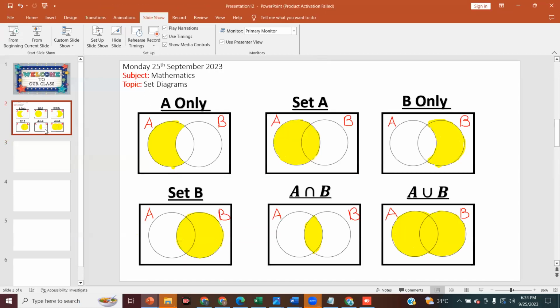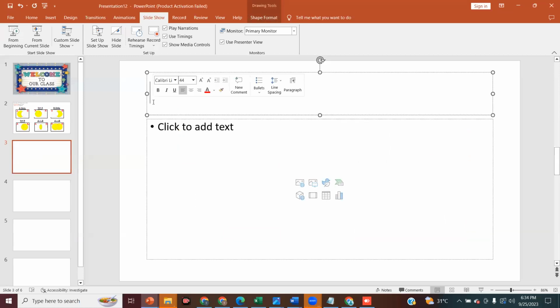It's going to be a graded exercise. You're going to do this by yourself. Graded exercise number 1.